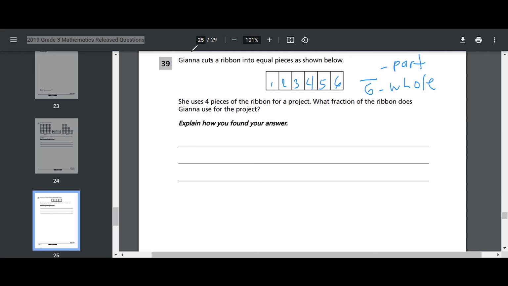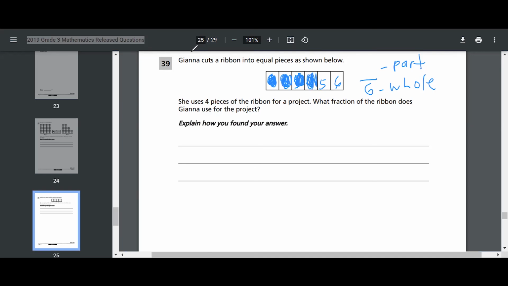She uses 4 pieces of the ribbon for a project. Therefore, we're going to shade in each piece and stop at the number 4. 1, 2, 3, 4.